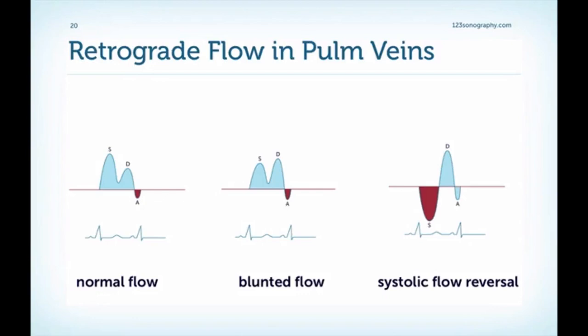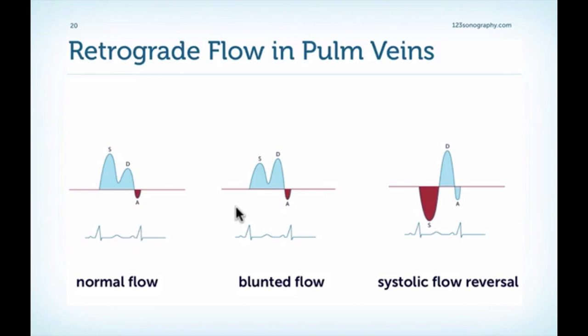In 99% of cases, you can probably grade the severity of mitral regurgitation based on the jet and the indirect signs. But to be complete, another method is frequently proposed: the retrograde flow in the pulmonic veins. How does that work? Well, the normal flow has a systolic and diastolic component, where the systolic component is larger than the diastolic component, and the retrograde portion of the diastolic flow, which correlates to the atrial contraction, is small.